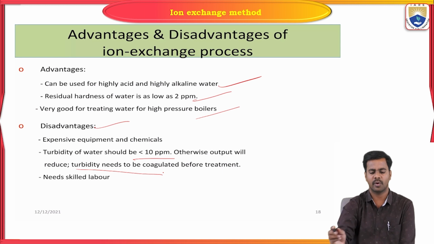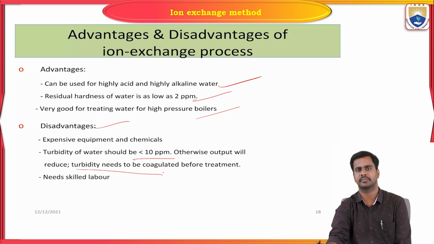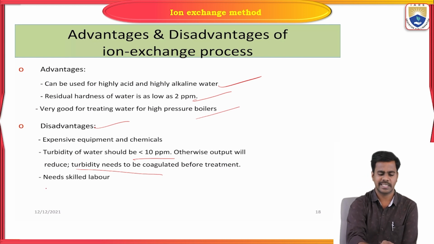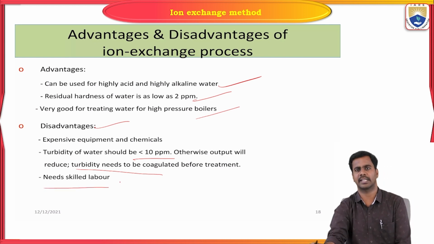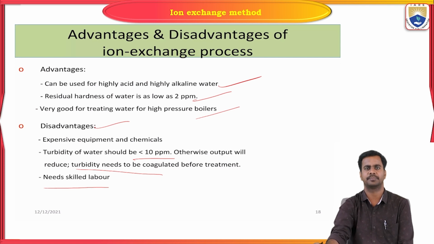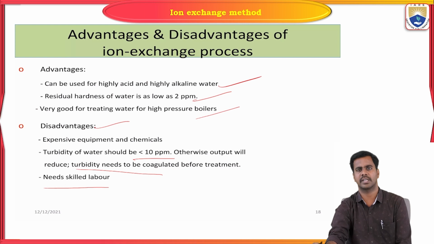Turbidity needs to be coagulated before treatment, and it needs skilled workers for operating the ion exchange method. So these are the disadvantages and advantages of the ion exchange method.